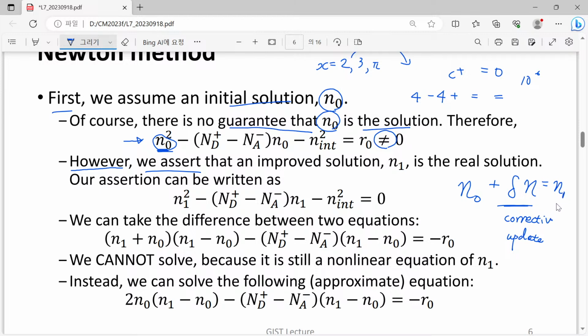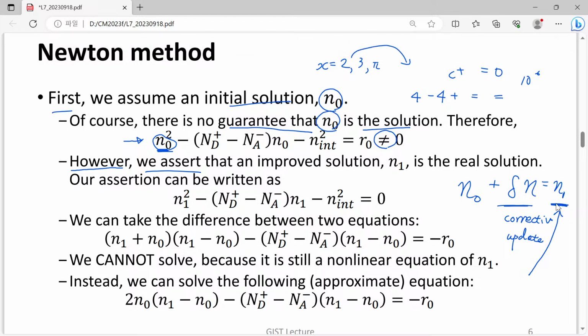And now we believe that although n0 was not a good solution, when we correct it, this n1 is the perfect solution. That is our hope and our assumption.